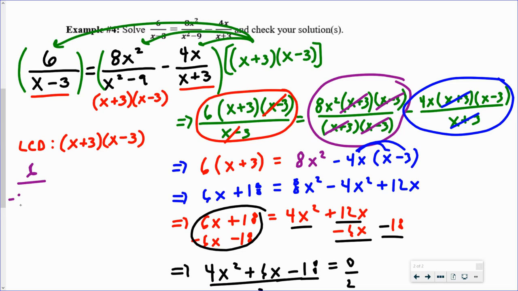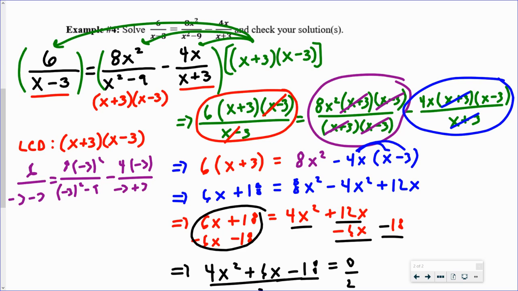So negative 3 minus 3 equals 8 times negative 3 squared all over negative 3 squared minus 9 minus 4 times negative 3 all over negative 3 plus 3.